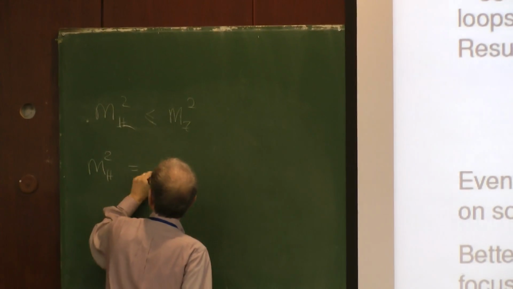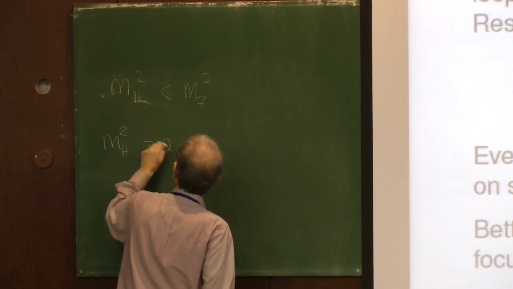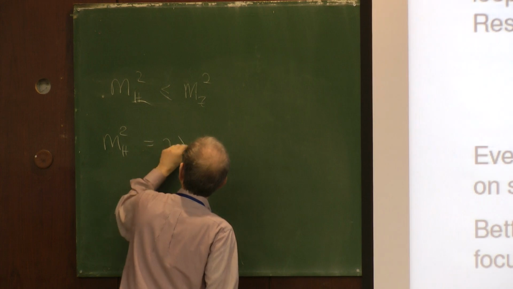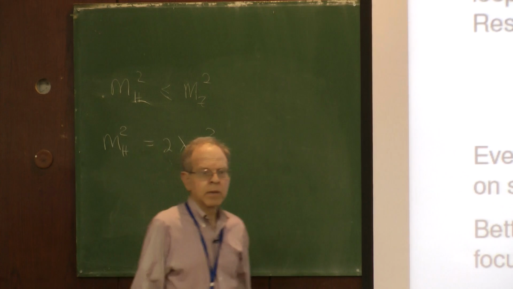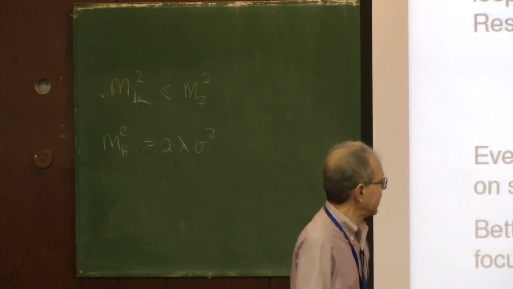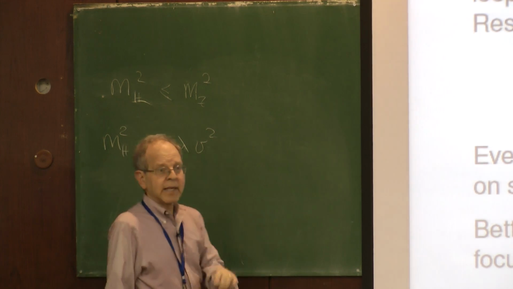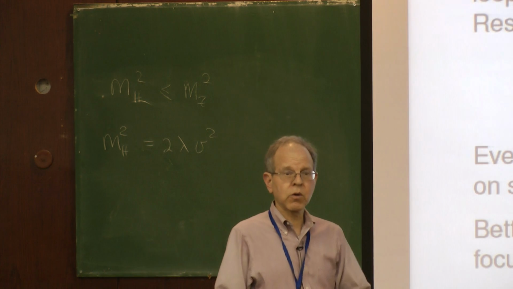Mh squared is something like 2 times the quartic coupling times v squared. Okay, and this v squared, the expectation value of the Higgs, is related to mz. Now, what about lambda? So what is the quartic coupling?